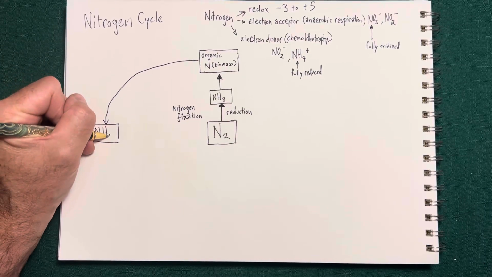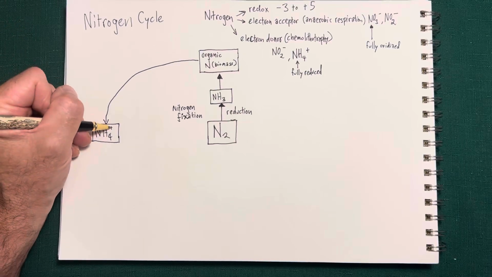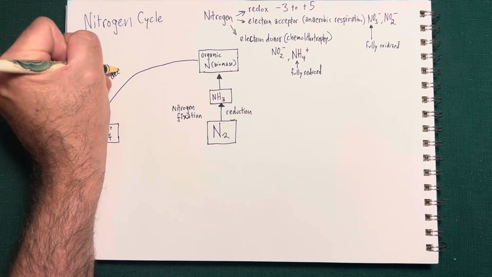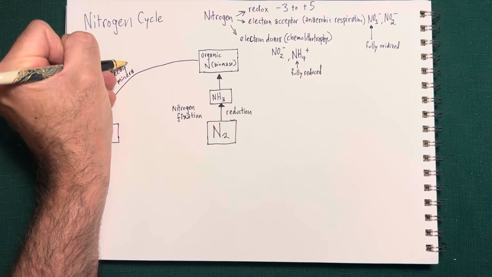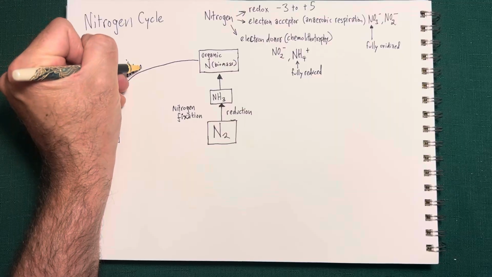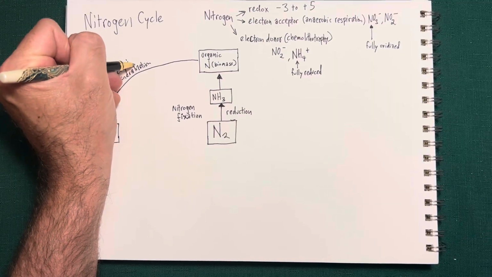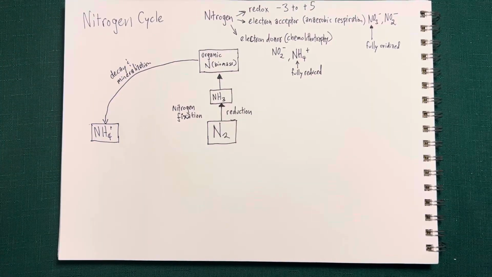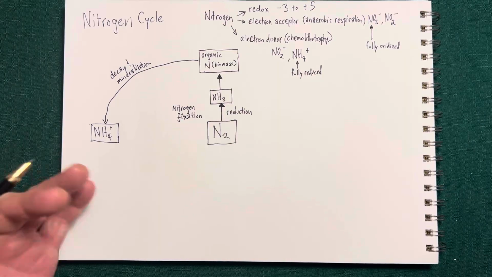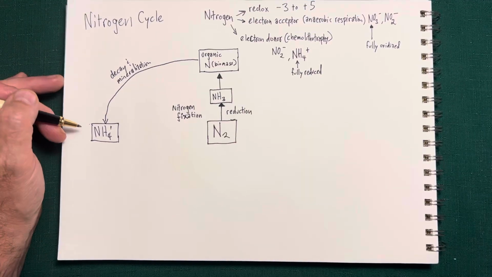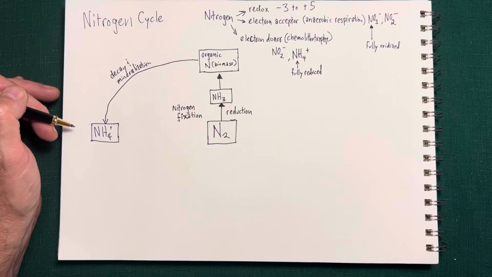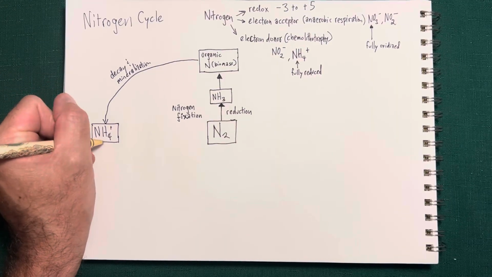Through the process of decay and mineralization, which essentially means that we are decomposing organic biomass into simpler inorganic compounds, we get ammonium. Remember, ammonium is our most reduced form of nitrogen. So there's nowhere to go but through oxidation.